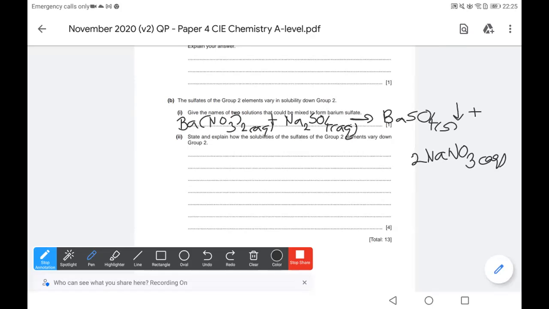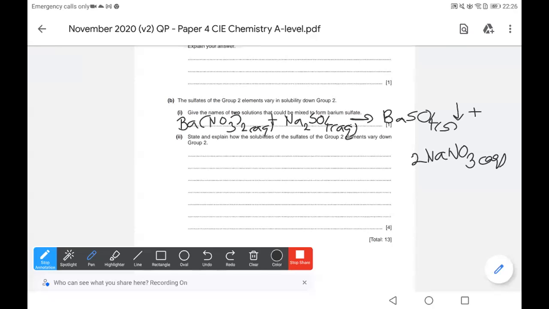And the explanation: downwards the group, cation size increases. So it becomes... explain how solubility of sulfates of group 2 varies.